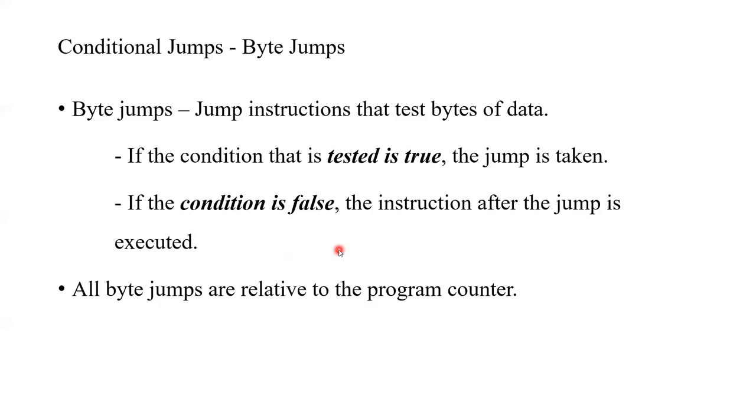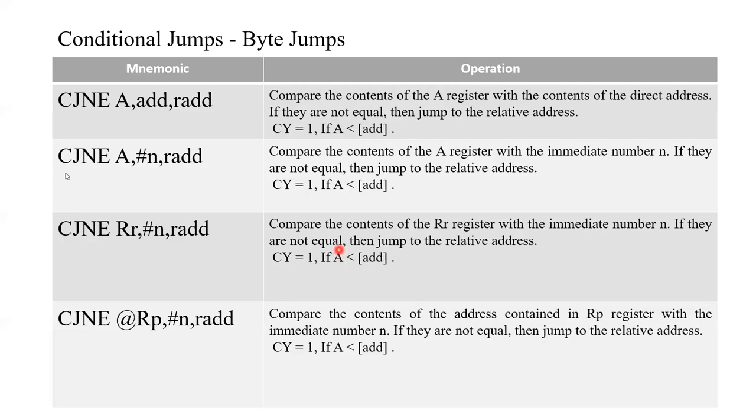Now we'll understand what those conditions are. These are the mnemonics we have. CJNE. What is this CJNE? Compare, jump if not equal. You're comparing the contents of the accumulator with the contents of the direct address, and if these two contents are not equal, then only jump.